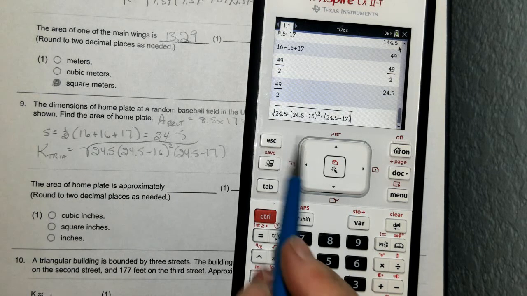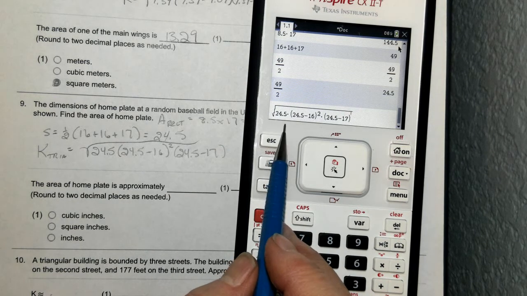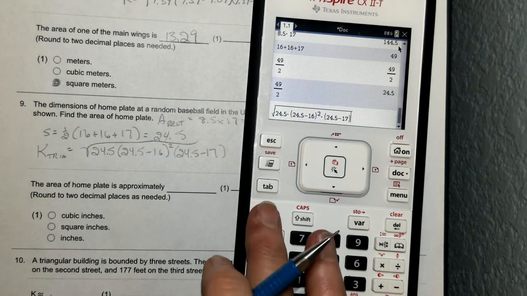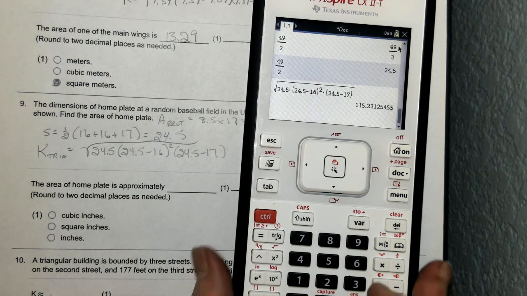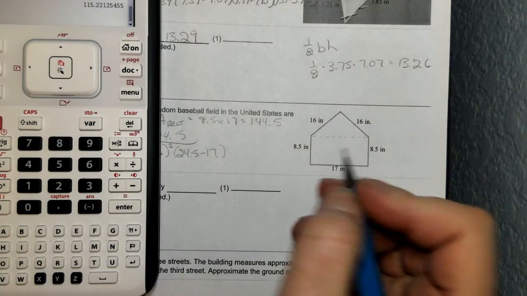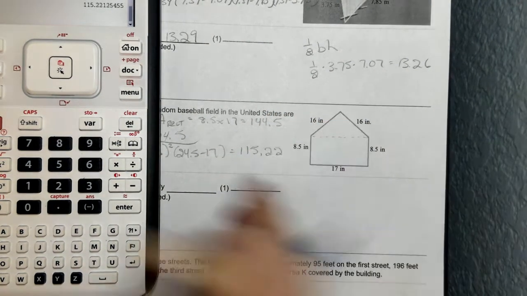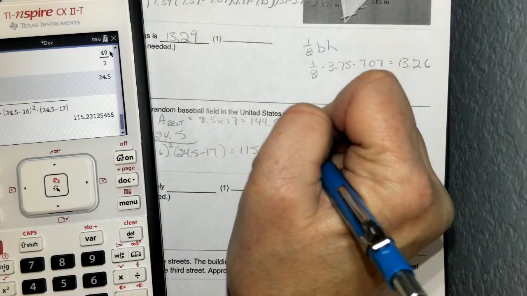Okay, so I basically have this term twice, the S and the 24.5 minus 17, and I get 115.22, and it's going to round us to 2 decimal places, so that was a 0 back here.